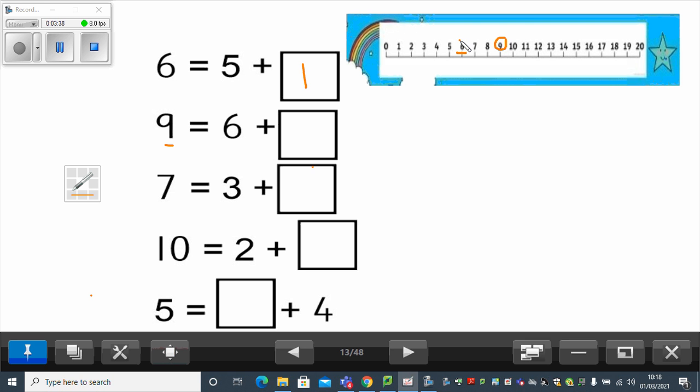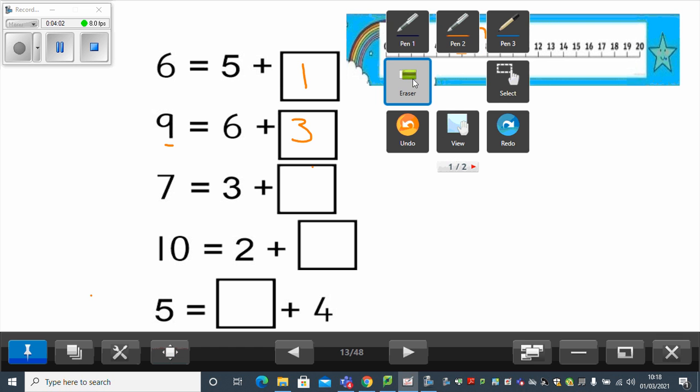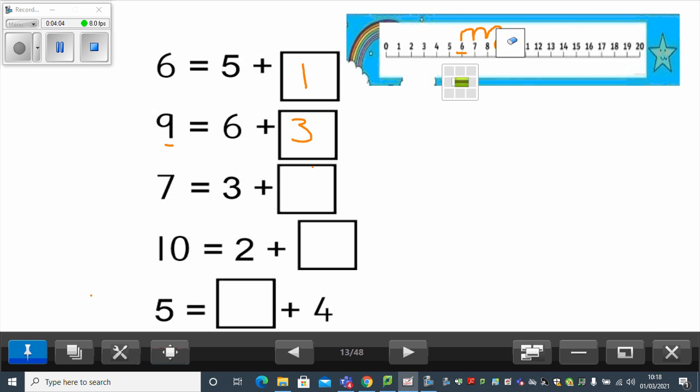So we're starting from 6 and we're finishing at 9. Let's count the steps. Ready? 1, 2, 3. So 6 add 3 equals 9. Or we can say 9 equals 6 add 3.